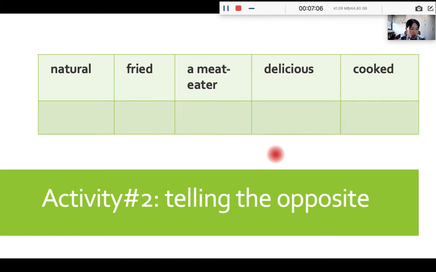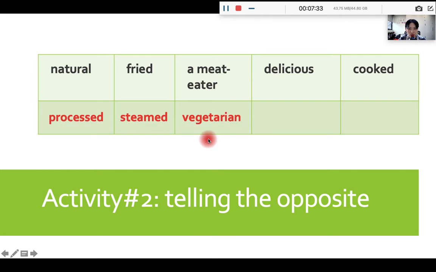Could you go to activity 2? This is just a review of the words that we finished in activity 1. So, telling the opposite. What is the opposite of natural? Of course, processed. What is the opposite of fried? Steamed. A meat eater. Then we need to come up with a word that means eating vegetables only.